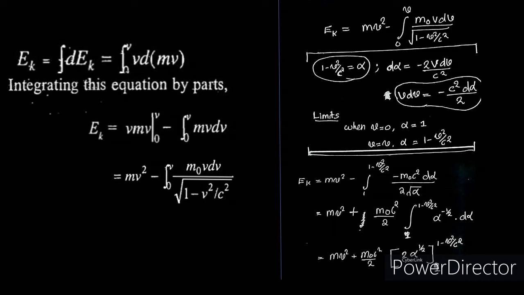Here m0, c square and 2 are constants, so you can take these constants out of the integration. So you would get the integral from 1 to 1 minus v square by c square of alpha raised to minus half d alpha.